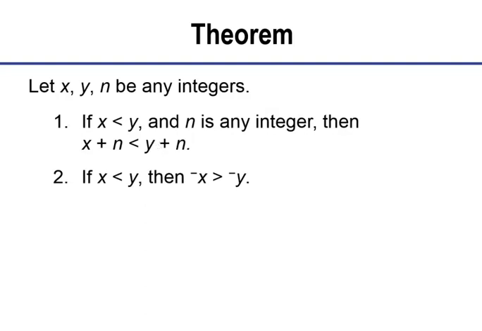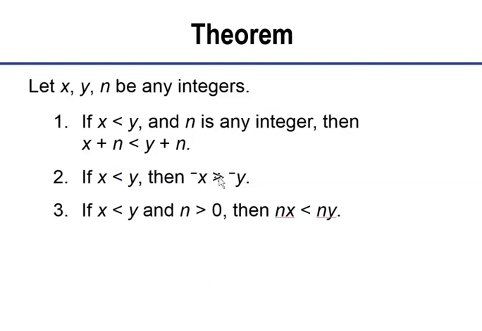We switched directions. So it's like we multiplied each side by -1. Another way to think about it is we divided each side by -1. Both of those give you negative x and negative y. But when this is less than, if you multiply by -1, that turns into a greater than.